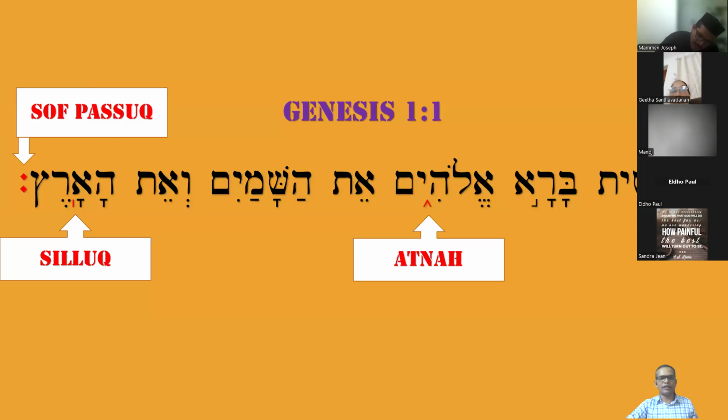So where is the second half? If you see the second half, et hashamayim ve et haaretz. Okay, so in haaretz you see a small vertical stroke mentioned in red color, along with segol.